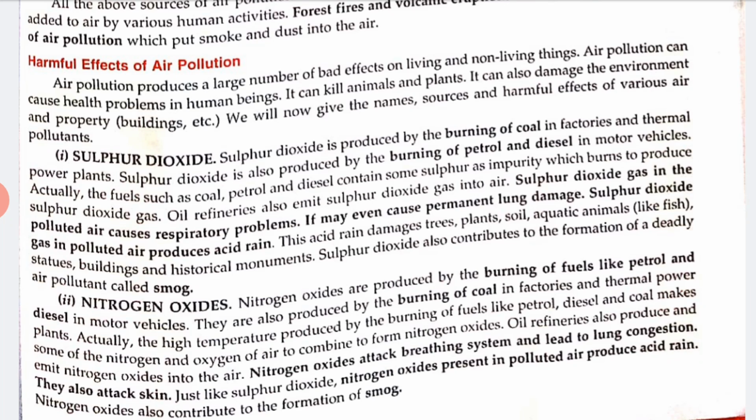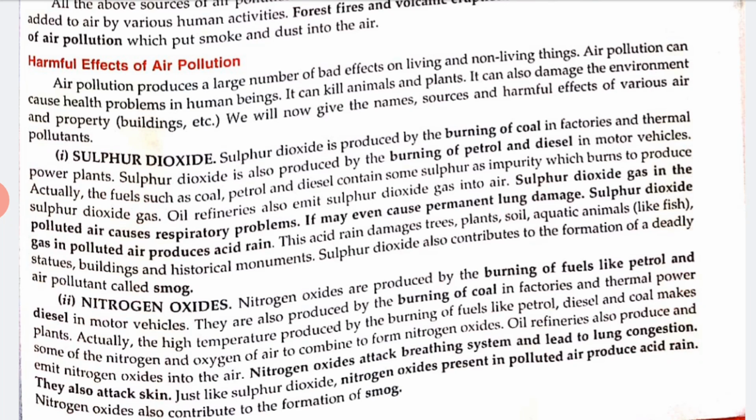Yes, sulfur dioxide. Sulfur dioxide is produced by the burning of coal in factories and thermal power plants. It is also produced by the burning of petrol and diesel. Sulfur dioxide gas in polluted air causes respiratory problems, that is, difficulty in breathing. It may even cause permanent lung damage.